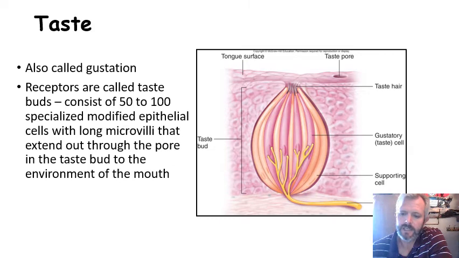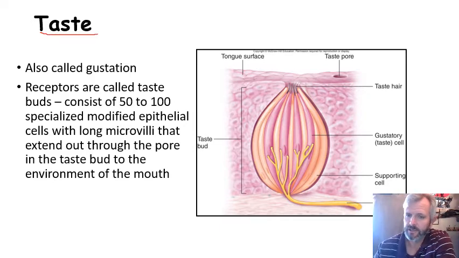So hopefully this slide looks familiar from your anatomy days, but we have taste, and those taste buds are located in regions on your tongue.